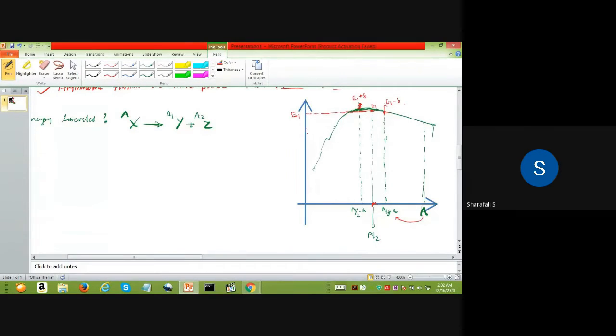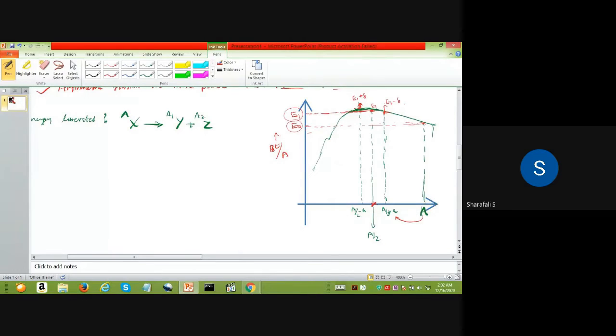And we have one more energy which is coming here. That is the energy of your parent nuclei, E0, the binding energy per nucleon for the parent nuclei. This axis is binding energy per nucleon. E1 is the binding energy per nucleon for the A by 2 nuclei.